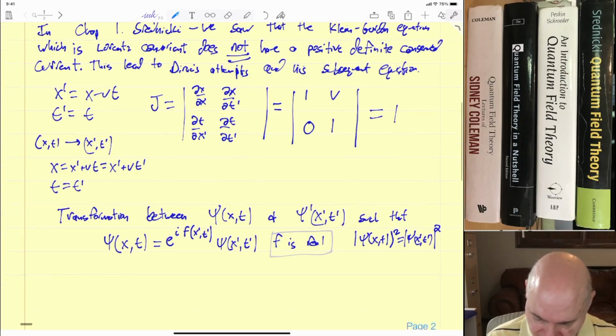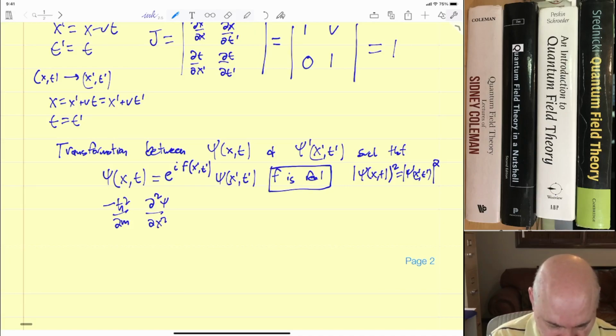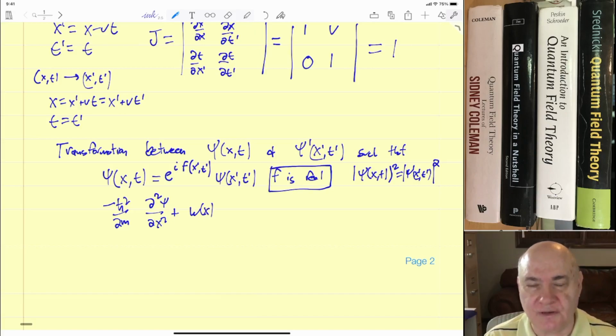Okay, and our Schrodinger equation is minus h bar squared over 2m, the second partial of psi with respect to x squared, plus W psi. I'm using the symbol W for the potential instead of V, because we're using v as velocity.